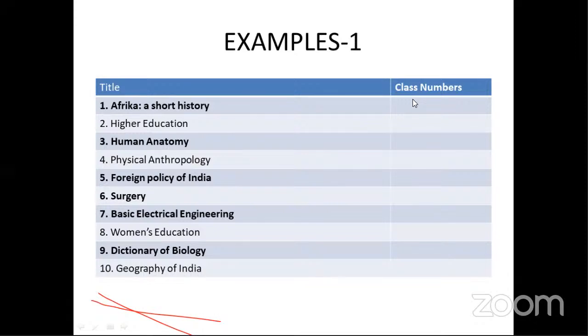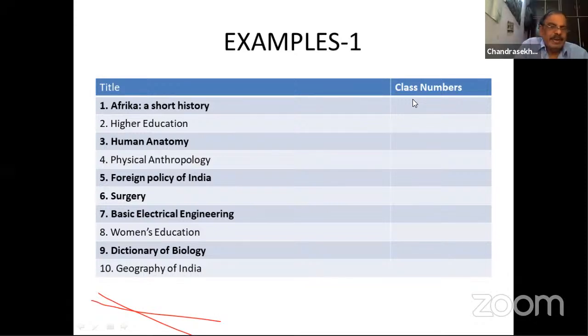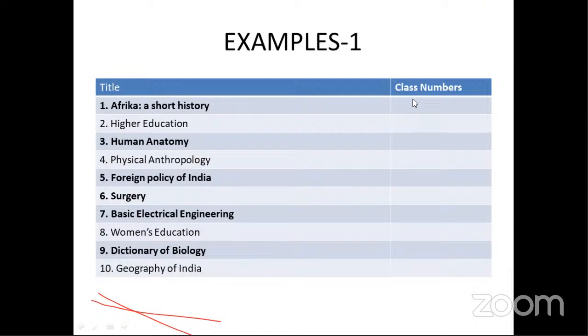Then the seventh title, basic electrical engineering. These titles were taken from previous question papers. Most of the titles, actually 50% of the titles, are simple.